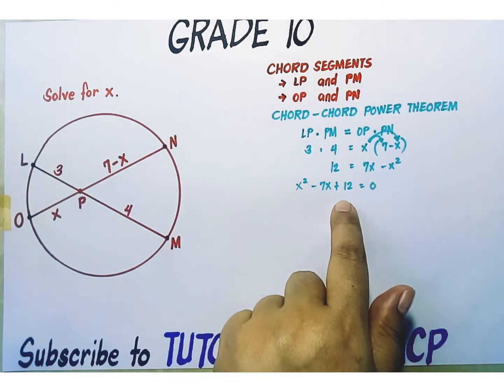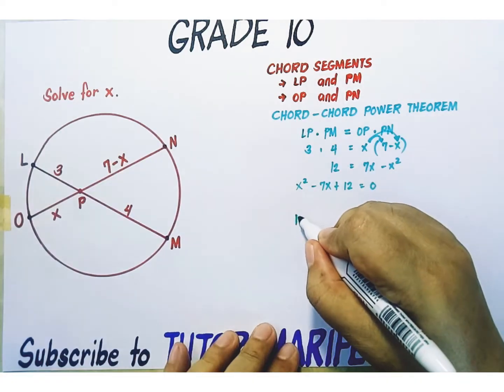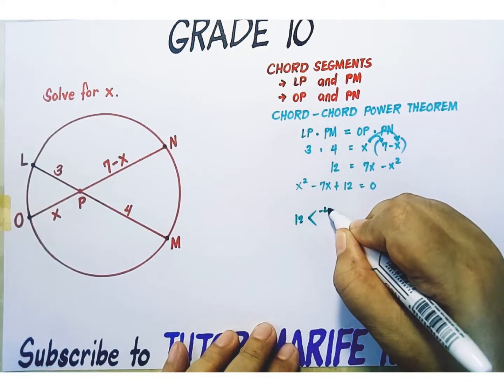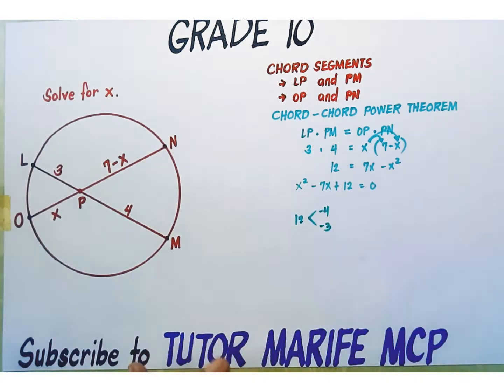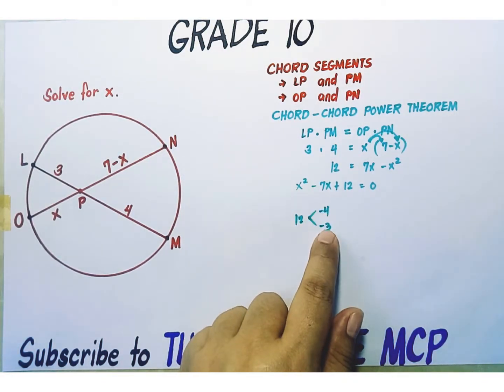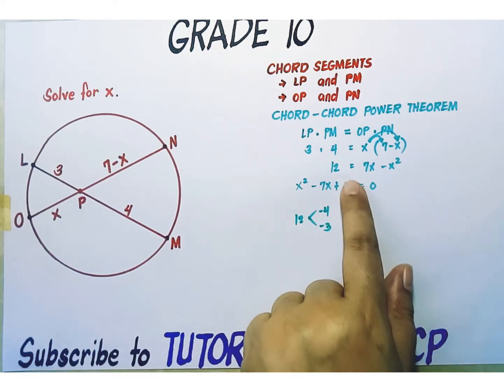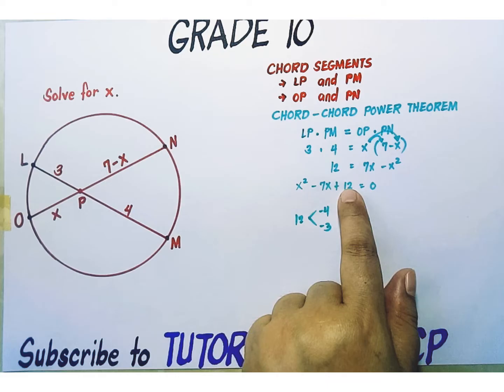What factors of 12 add up to negative 7? We have negative 4 and negative 3. Let's double check. If we multiply negative 4 and negative 3, it's equal to positive 12. It's the constant term of the quadratic equation.